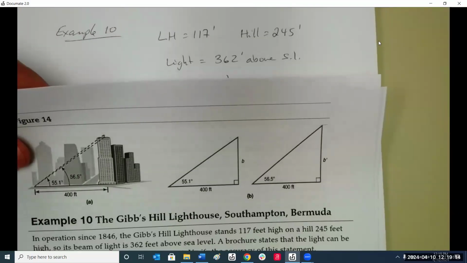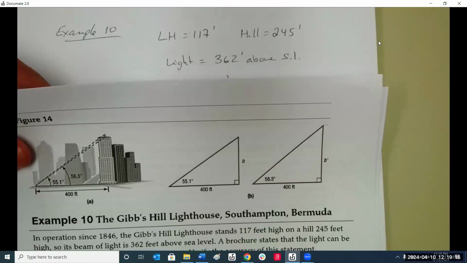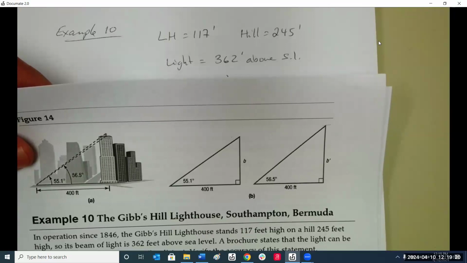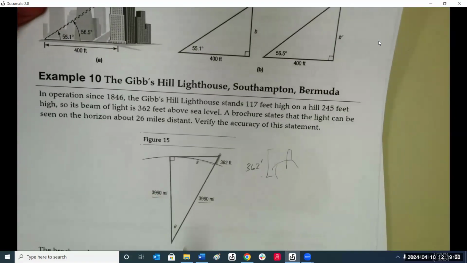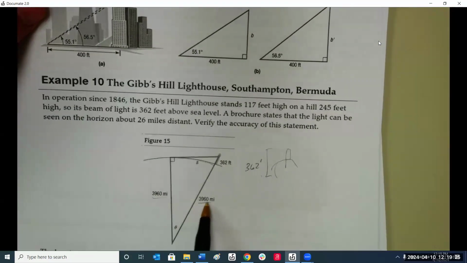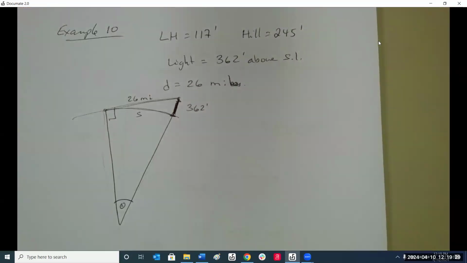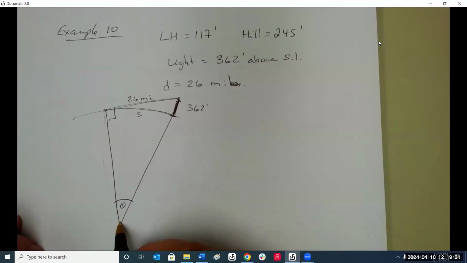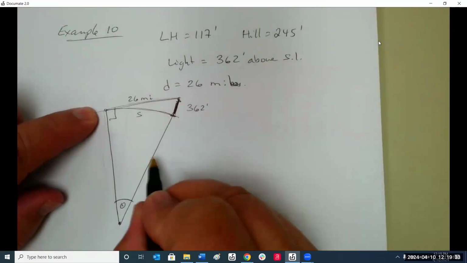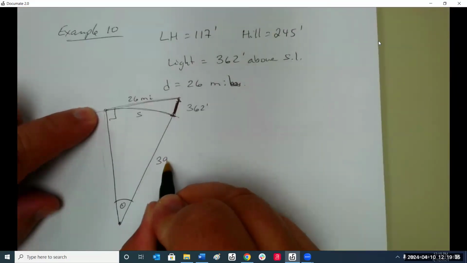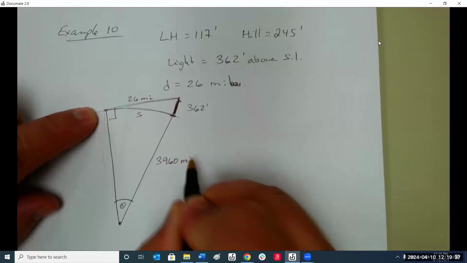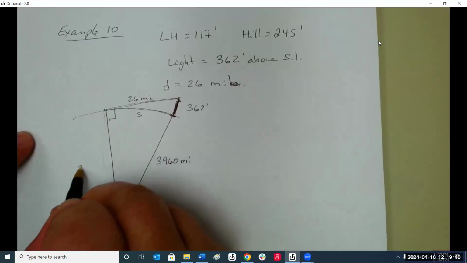But it does also tell us the distance of the Earth, the thickness of this Earth. 3960 miles. The radius of the Earth, yeah. Because from the center of the Earth to the core of the Earth is 3960 miles.